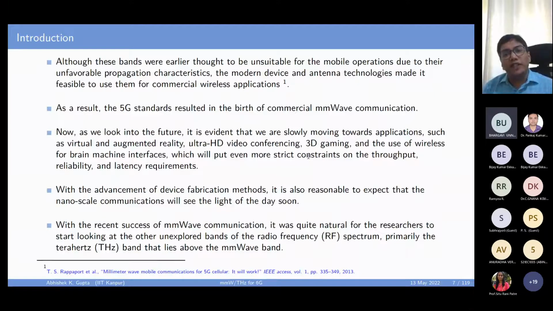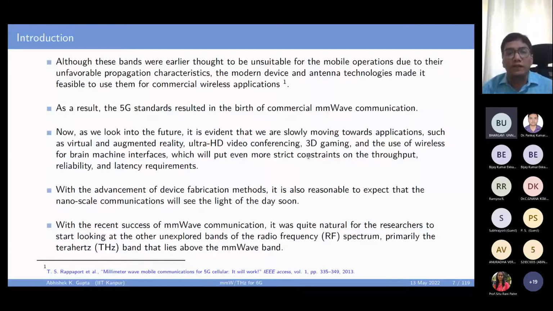But modern device and antenna technologies made it feasible to use these in commercial wireless applications. I'm going to talk about this. We saw a very important first paper, millimeter wave communication for 5G cellular: it will work, which discussed in detail how such a communication system may work, with some design considerations. That's how 5G standards took commercial millimeter wave communication as a main agenda.